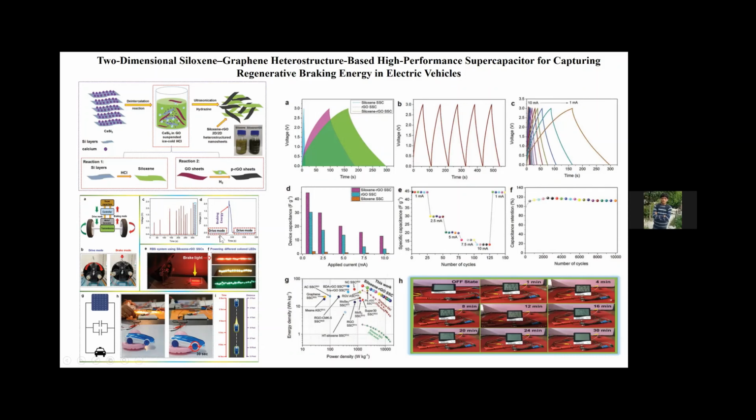In driving mode the supercapacitor device is the normal source, but when braking suddenly starts, it suddenly increases, then decreases, and then driving starts again. They lit up an LED this way, so this type of supercapacitor can be applicable for electric vehicles, charging during braking, and it can be used in another way.